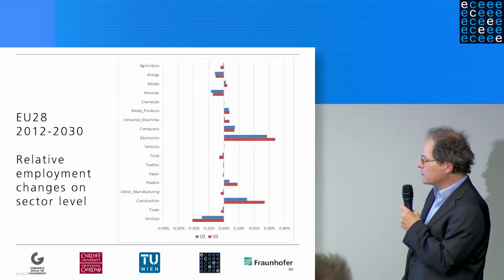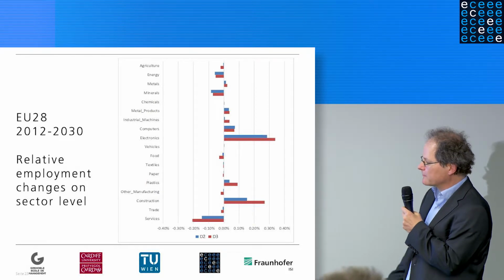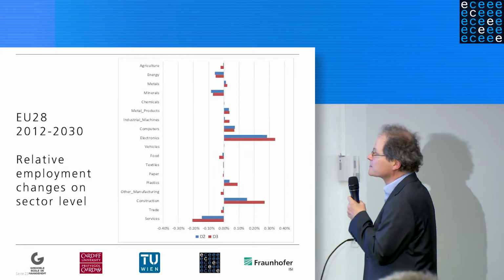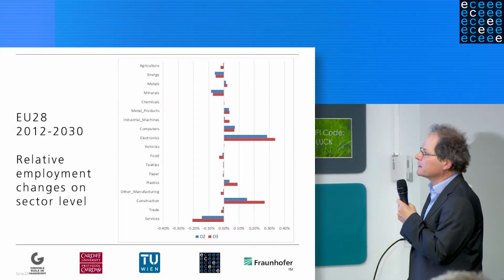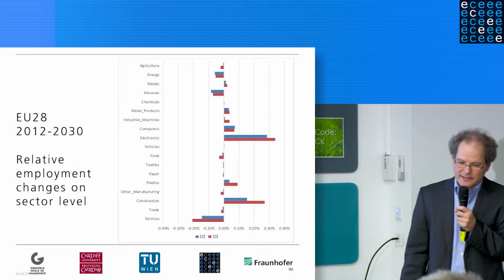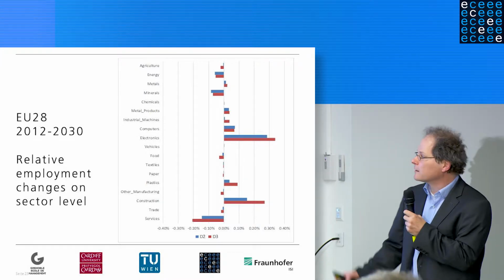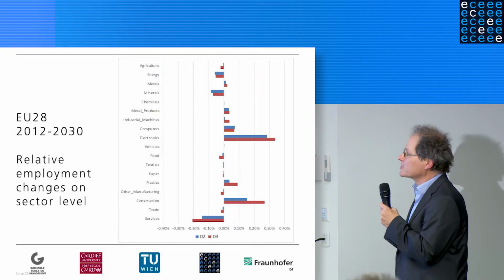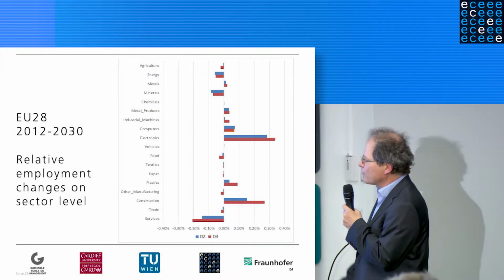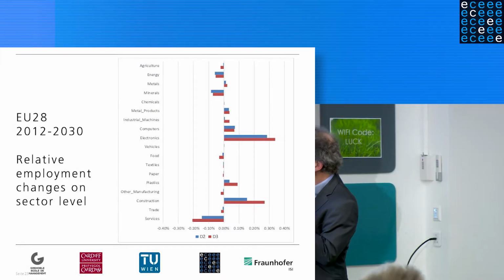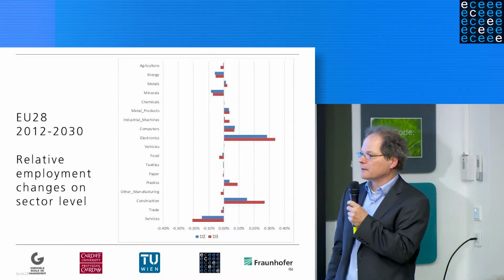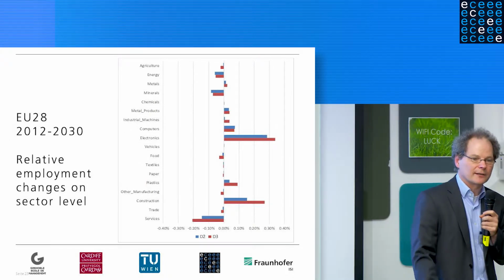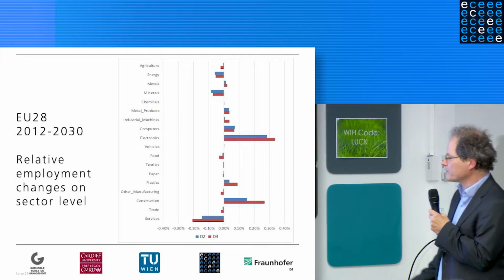However, if we look at what's going on on the sectoral level, we see the winners and the losers of such a strategy. The losers, clearly, the energy sector related on the side of energy and mining production. The winners, clearly, the electronic sector, energy efficient appliances on the one hand, construction on the other with insulation.